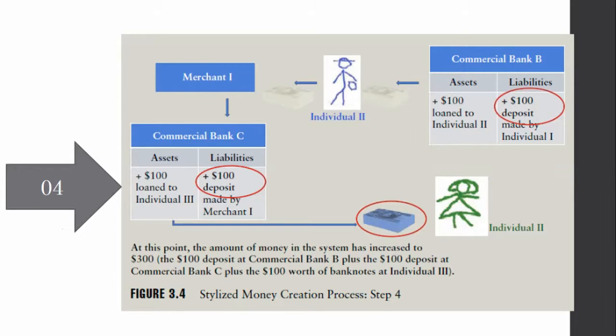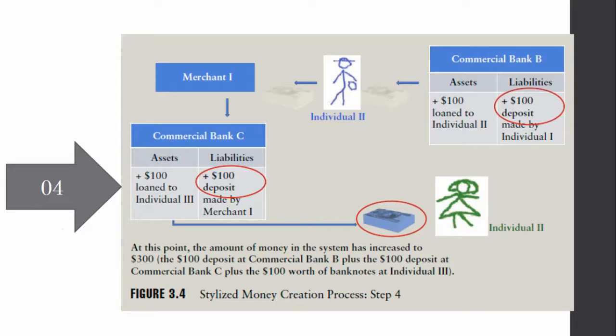Now we have $100 worth of deposit made by individual 1 at commercial bank B, and also another deposit made by merchant 1 in commercial bank C, again $100. Then individual 3 ultimately received the $100 banknotes. So altogether there were $300, right?